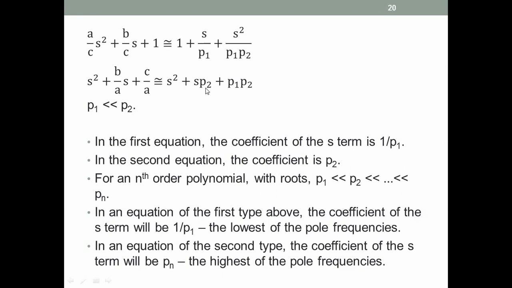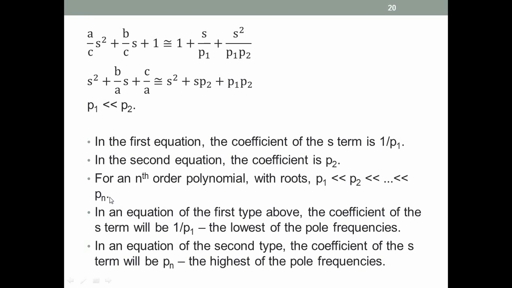Now suppose we had an nth order polynomial rather than a second order polynomial. You can show this, it is kind of easy to show, and we'll assume that all the n roots of the polynomial, the n poles, are spread far apart. So we make this assumption: p1 is much less than p2, much less than p3, and so on up to pn. So p1 is the smallest frequency or the root, and pn is the largest frequency.